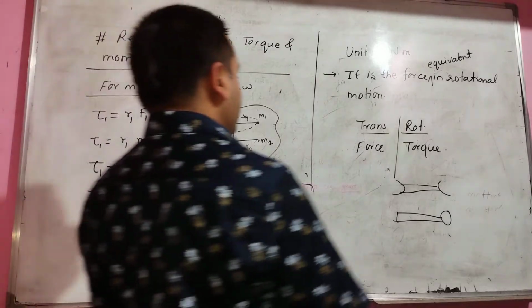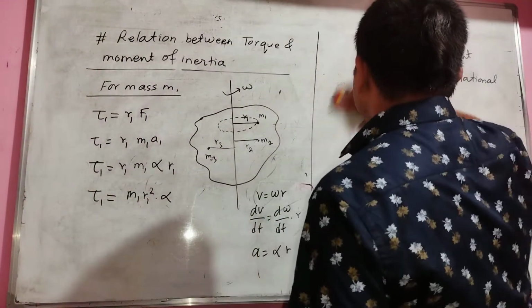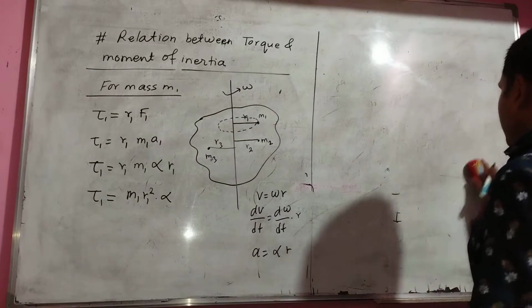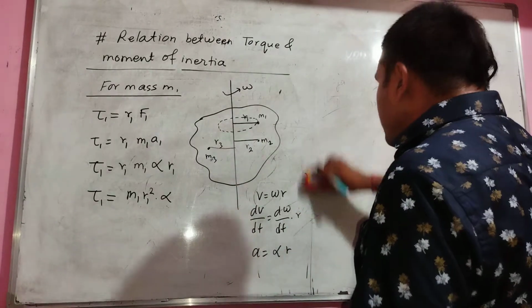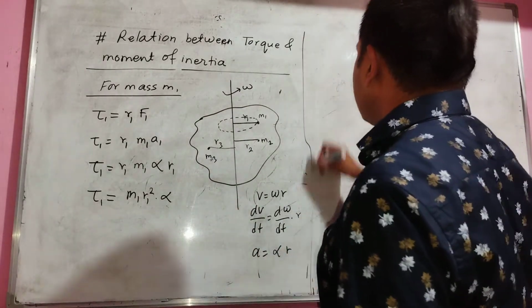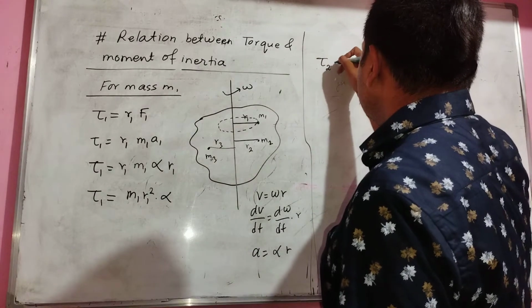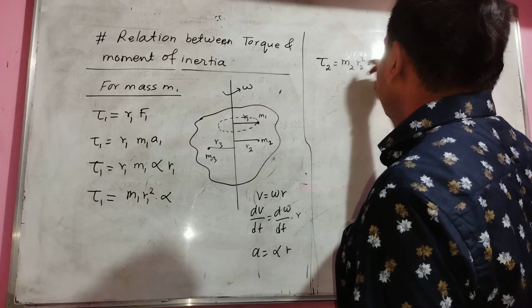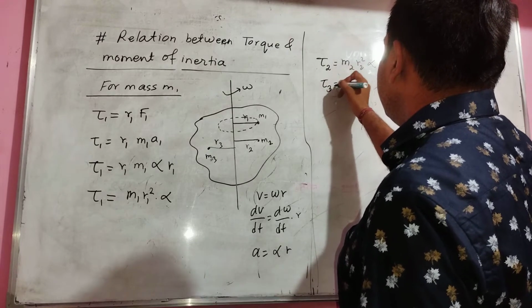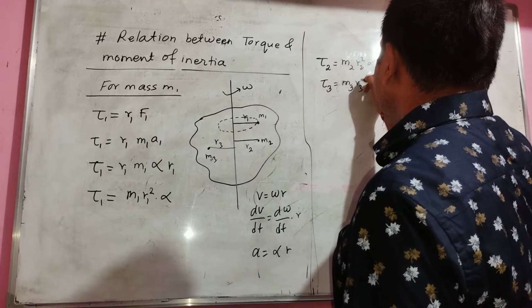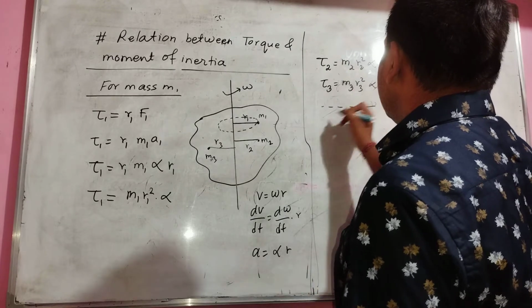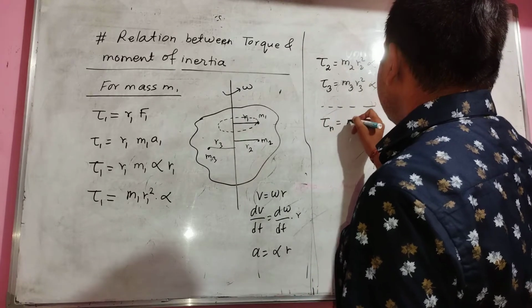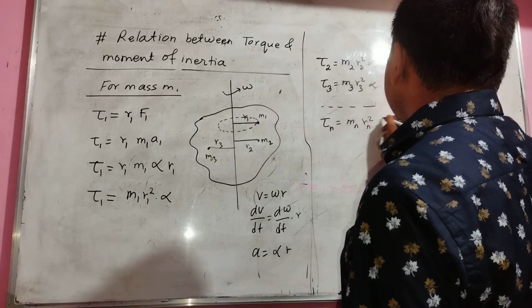Similarly, what will be the torque for the other masses? Tau 2 will be m2 r2 square alpha. Similarly tau 3 will be m3 r3 square alpha. Similarly for the nth particle, mn rn square times alpha.